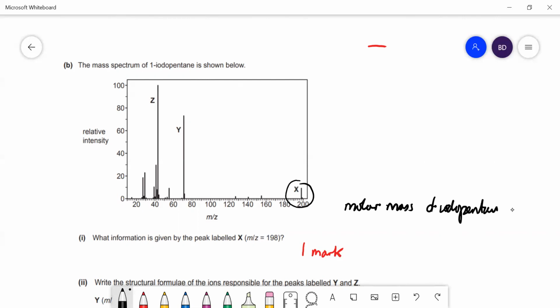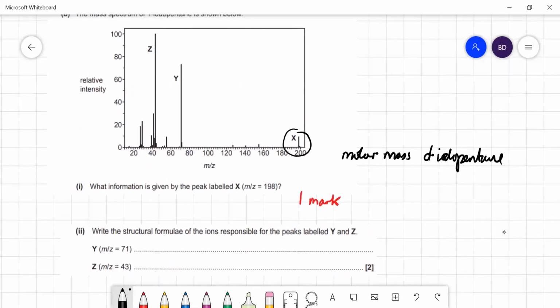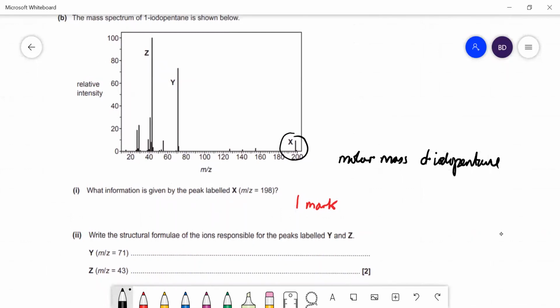Or the compound they're investigating has got an MR of 198. Sometimes you can then work it out. Next, the structural formula of the ions present for the peaks at Y and Z.